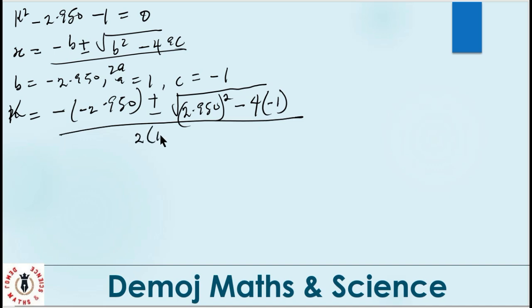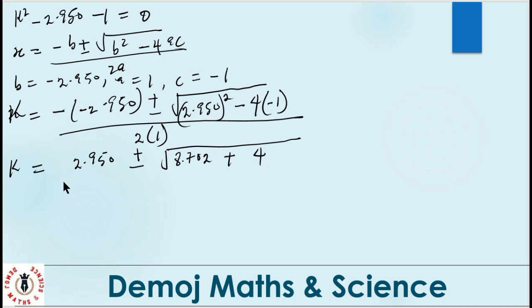That's 2 into 1. So that my k from this expression will be the same thing as 2.950 plus or minus the square root of 2.950 times 2.950. Obviously, that's 8.702 from my calculator, plus 4 over 2.